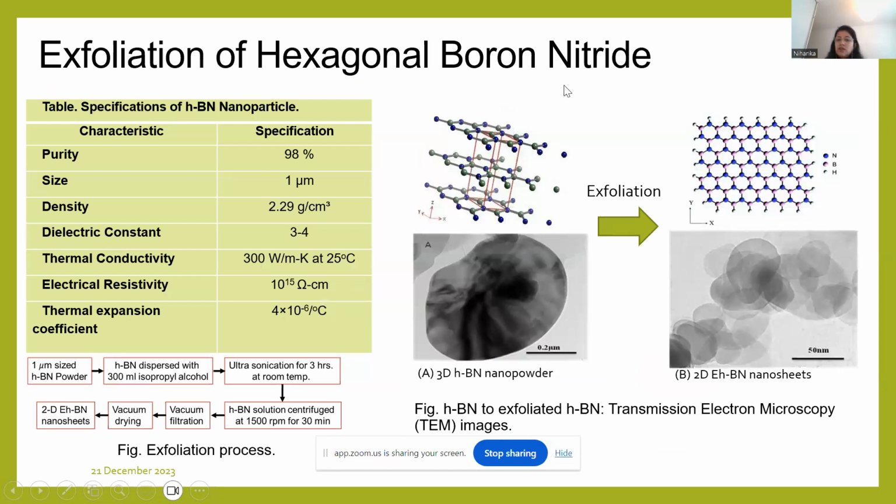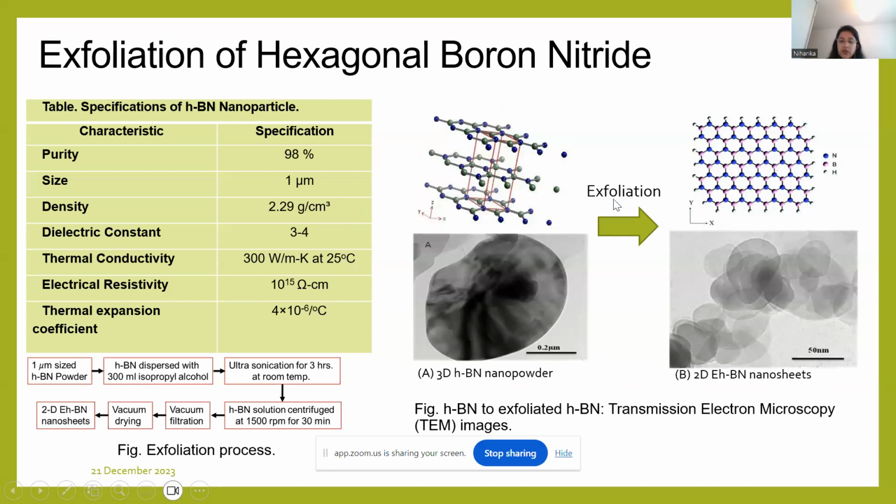So we have got the two oils now, the mineral oil and the natural ester oil. We were also focused on developing nanofluids by considering both types of oil. For this process, we use the hexagonal boron nitride nanoparticle. Hexagonal boron nitride is a particle in 3D form, around 1 micrometer in size, which is quite large when we think about nanoparticles.